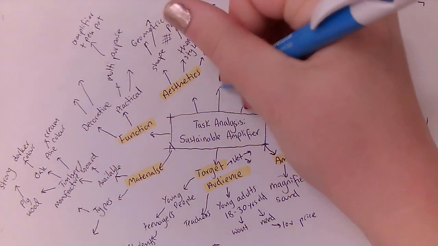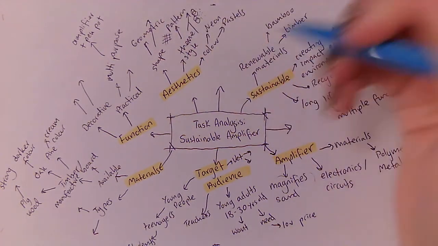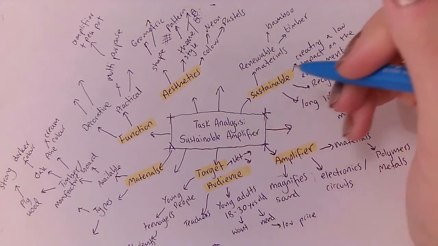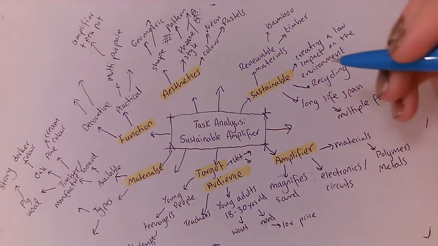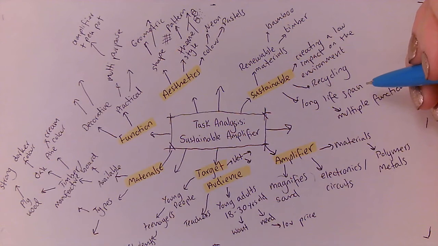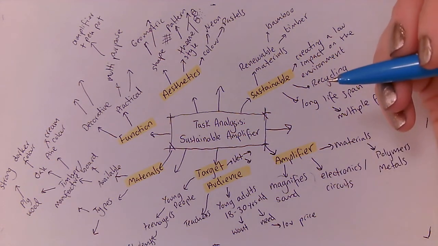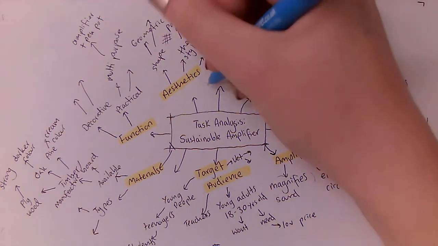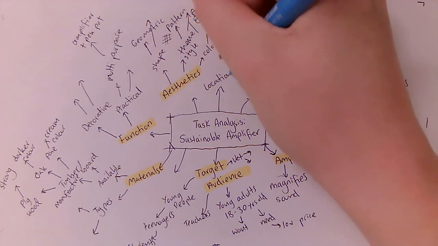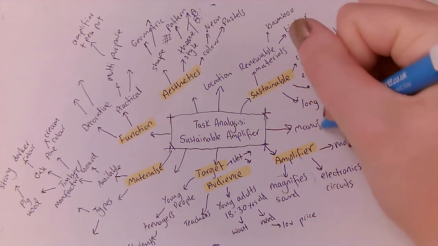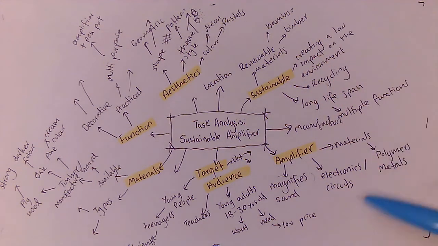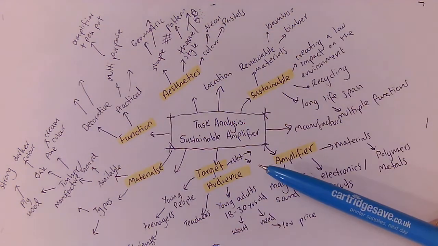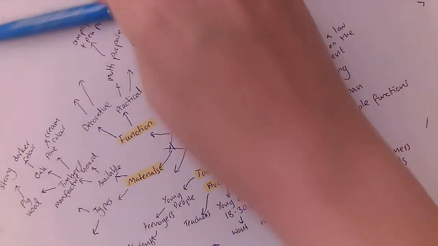I could add some other subheadings, other considerations, such as location. So where could this amplifier live? I could also add manufacture. How am I going to make it? What could I use? So I could add these and then expand on them later on. And if for some reason I'm getting a little bit too tight and I'm running out of space, I can just go and work out on the sides.